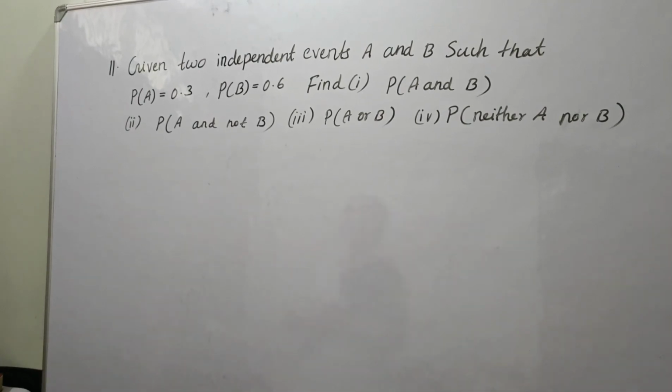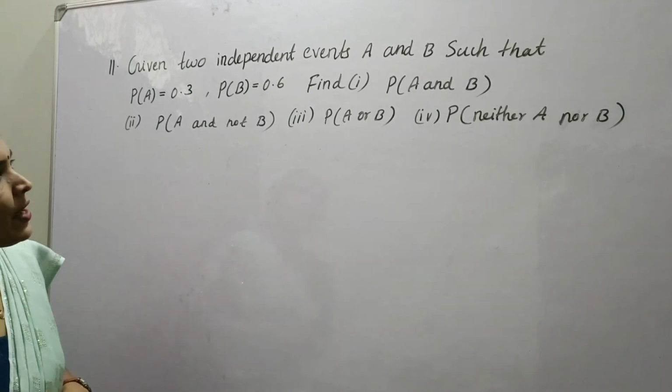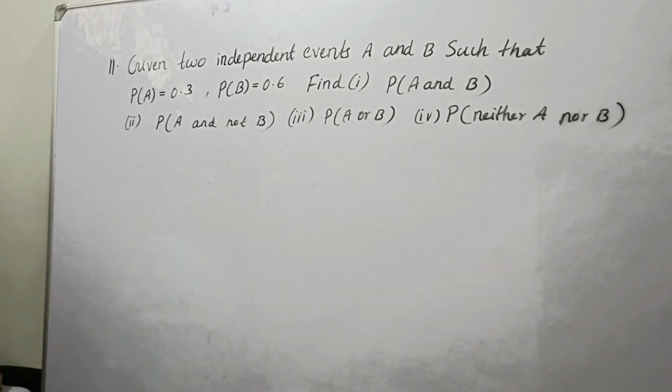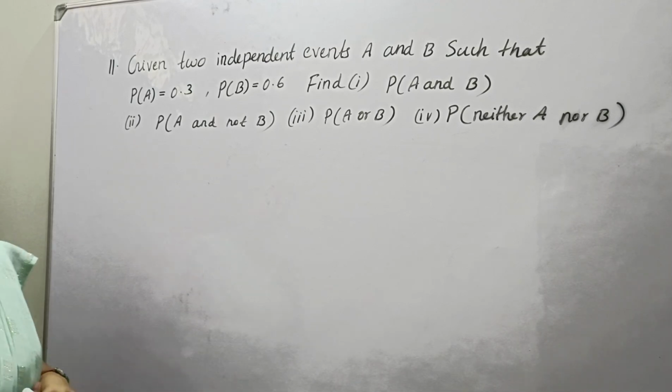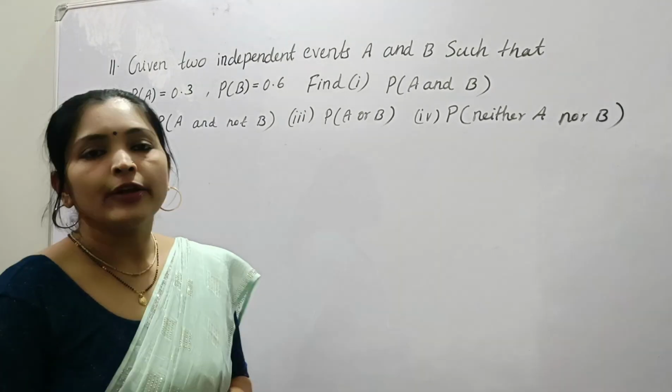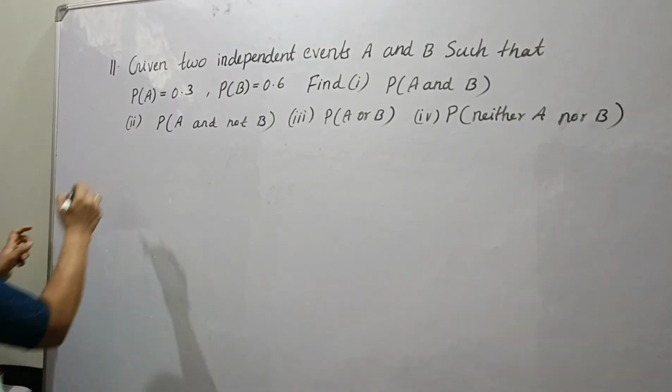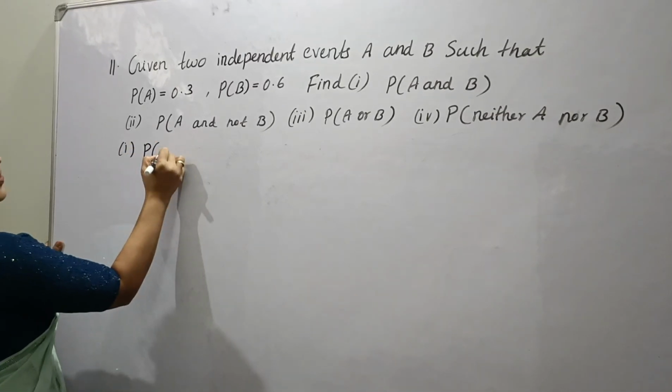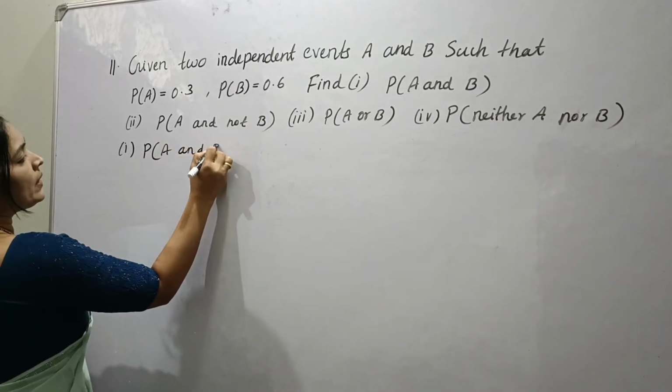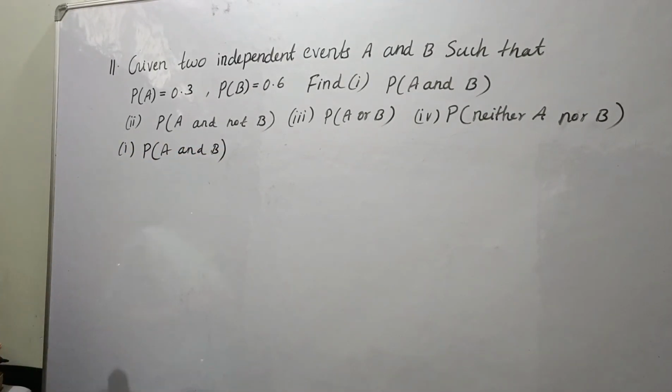Given two independent events A and B such that probability of A is equal to 0.3, probability of B is equal to 0.6, find probability of A and B, probability of A and not B, probability of A or B, probability of neither A nor B. So first one, probability of A and B, and refers to the intersection, right?